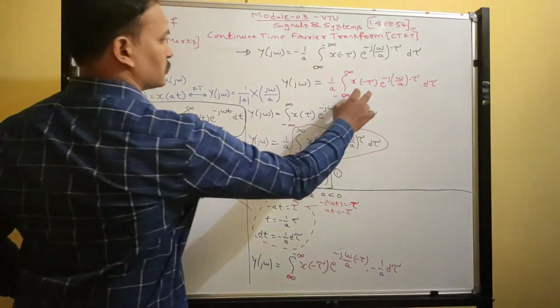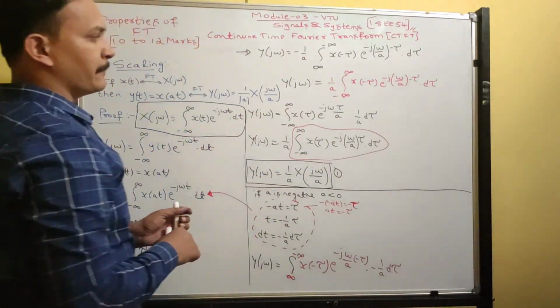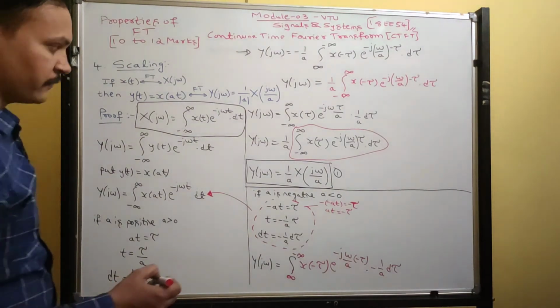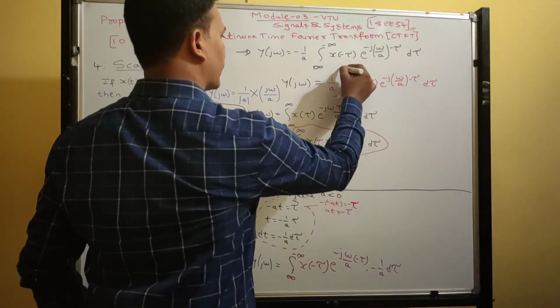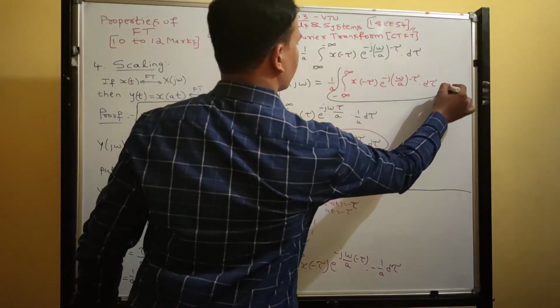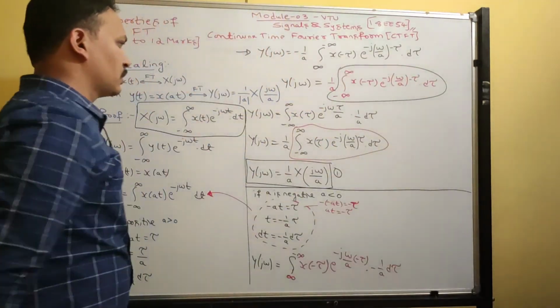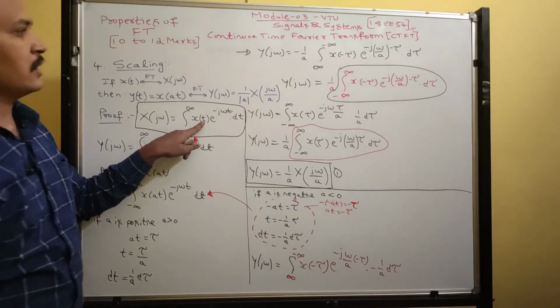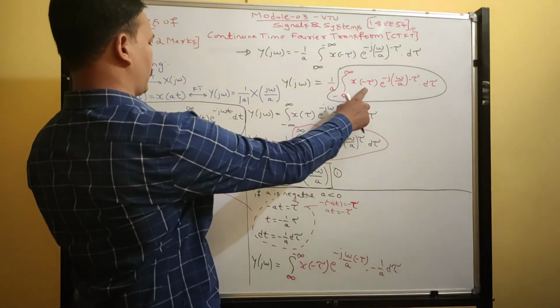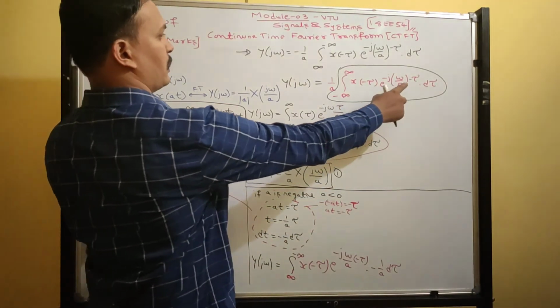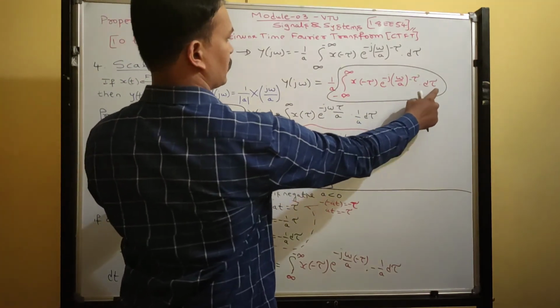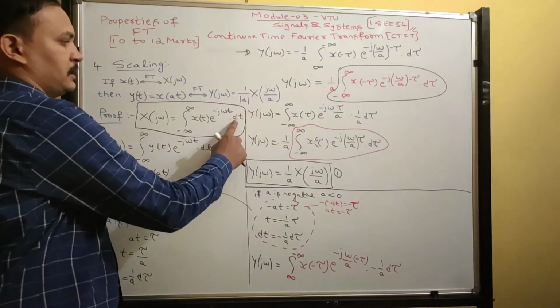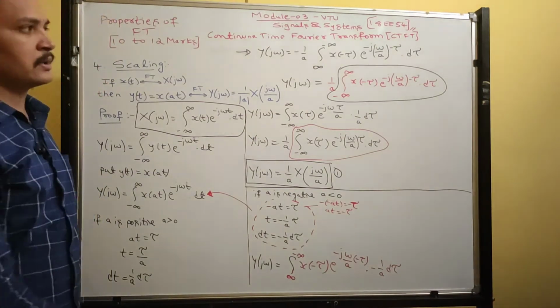Okay. So now you can compare with the original formula. By comparing with the formula, what is this term? Minus infinity to infinity. In place of t, what do we have? Minus tau. dt is d tau. So everything is correct.